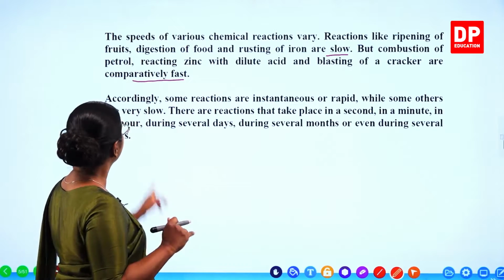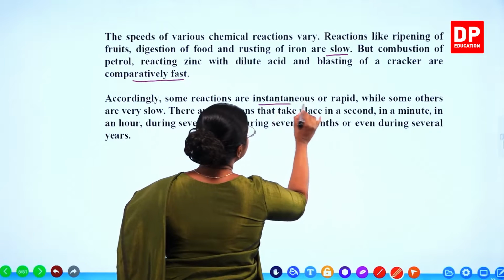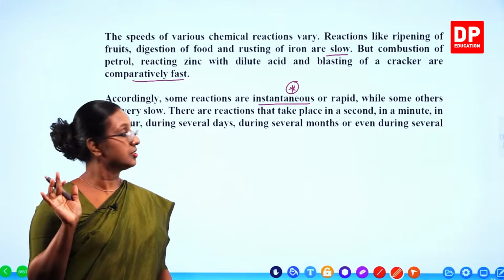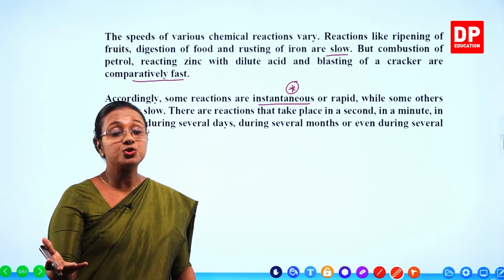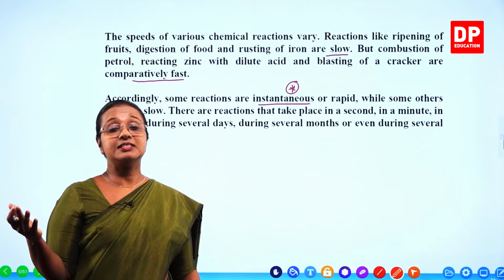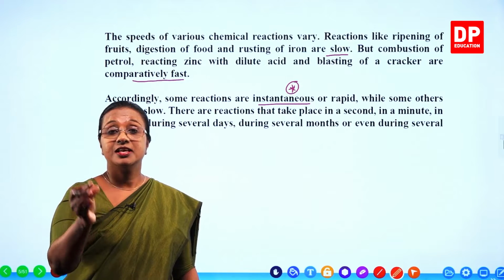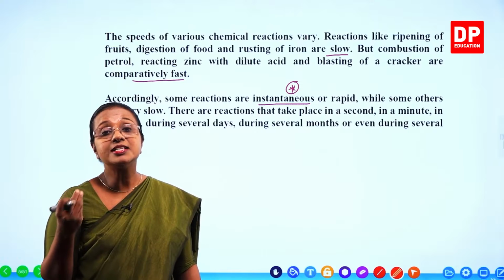Accordingly, some reactions are instantaneous reactions, instant or rapid. Say sodium being exposed to air, instantly it starts tarnishing. When petrol is ignited, instantly it starts burning.